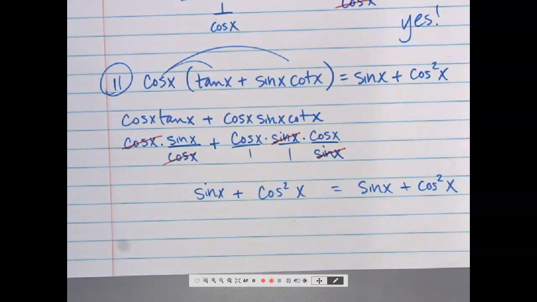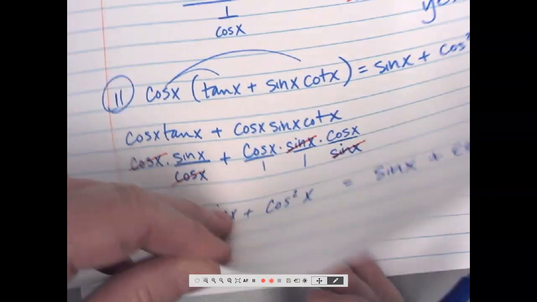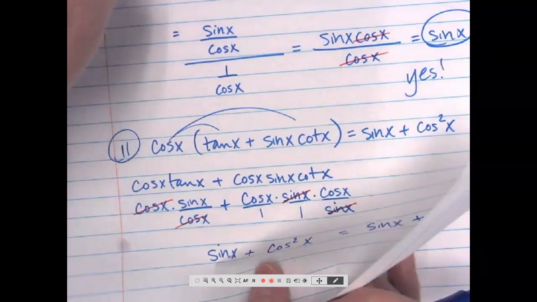Alrighty, let's see. So 12 is going to be very similar to that one. Let's see, 14 and 15. I'm assuming y'all would think 15 is a little bit harder. Let's try 15.